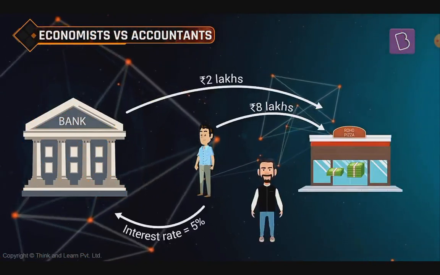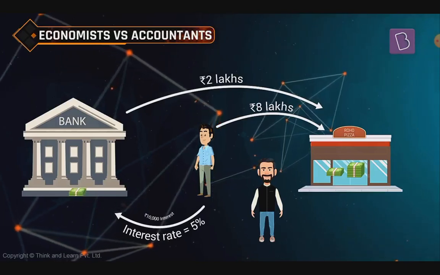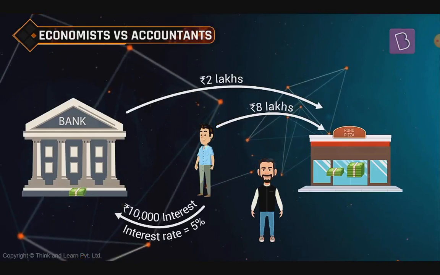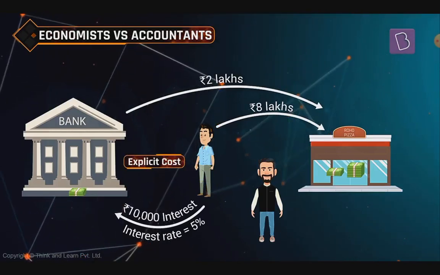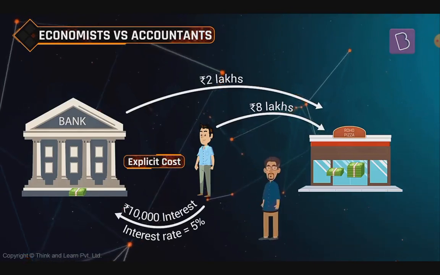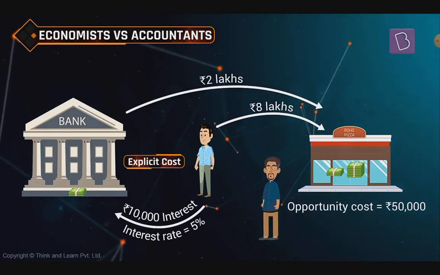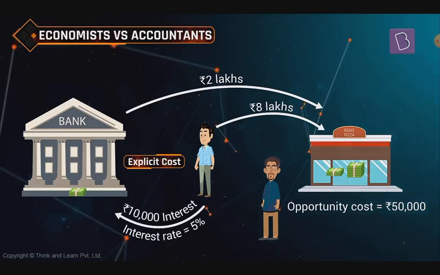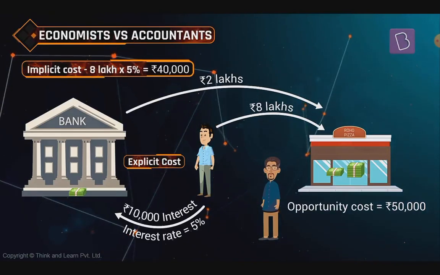Rohit's accountant, who only measures explicit costs, will now count the 10,000 interest paid on the bank loan every year as a cost because this amount of money now actually flows out of the firm. By contrast, according to an economist, the opportunity cost of owning the business is still 50,000. Why? Because the opportunity cost equals the interest on the bank loan, which is an explicit cost of 10,000, plus the foregone interest on savings, an implicit cost of 40,000.